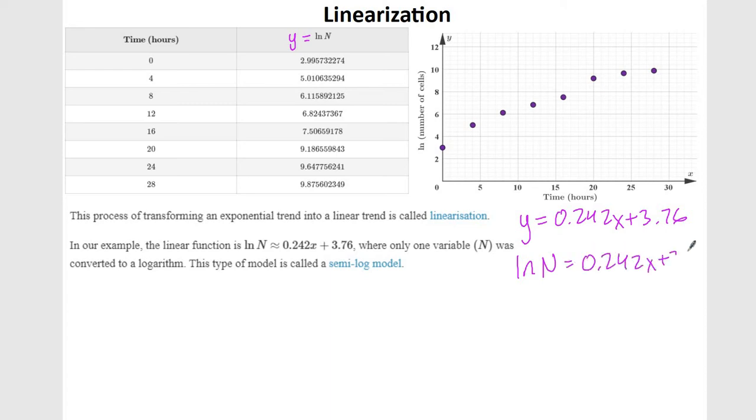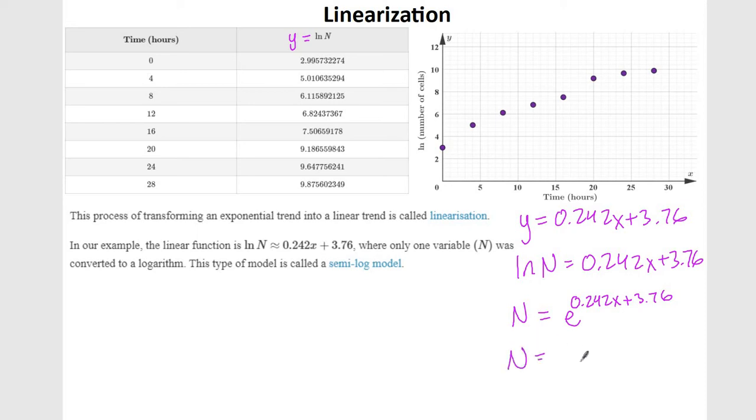Now, typically, if we want to graph it, we can't put the natural log of y, it has to be y equals, so we rewrite this in exponential form. So this is now e to the 0.242x plus 3.76. And then we can even change this even more, all right, with this addition.